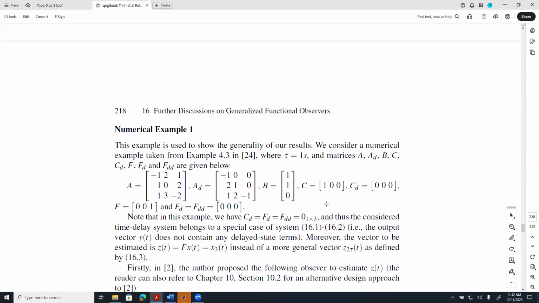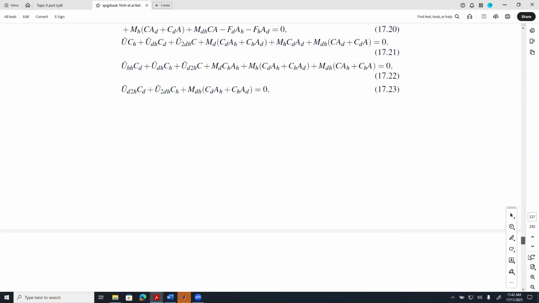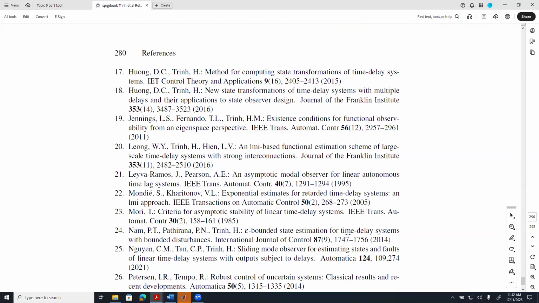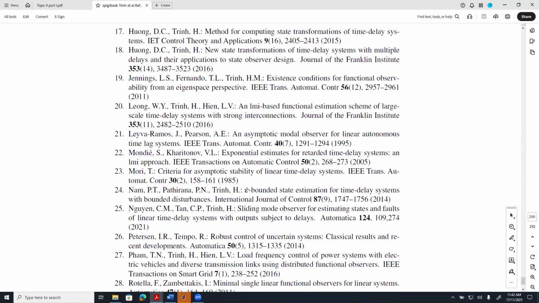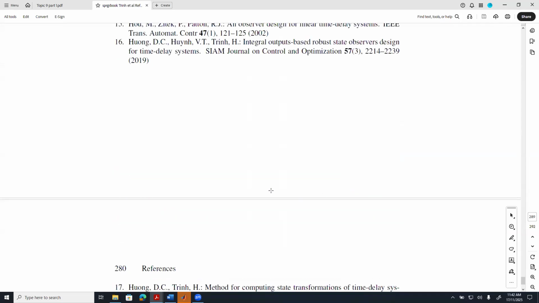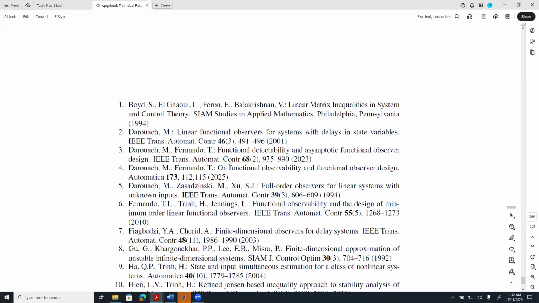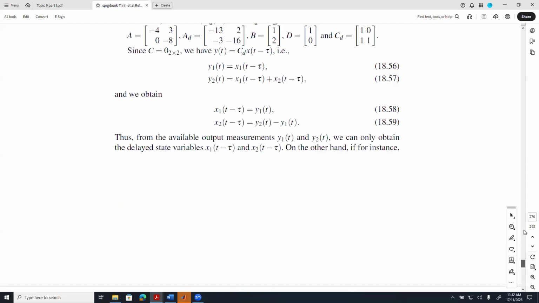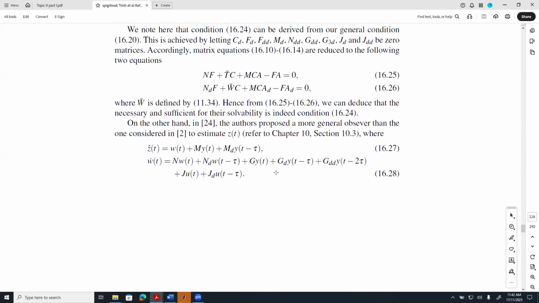And so what we do is take a numerical example, and this example is taken from reference 24, which is a paper we did a while ago. In this particular paper, we show the relaxed existence condition compared to reference 2 here, where we propose a more general structure observer.